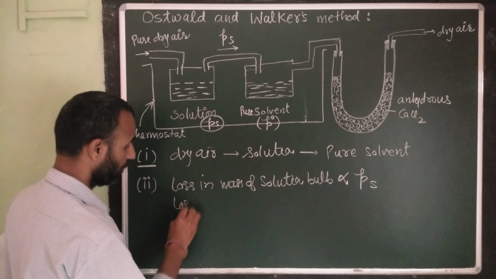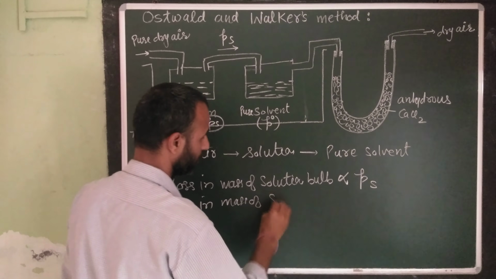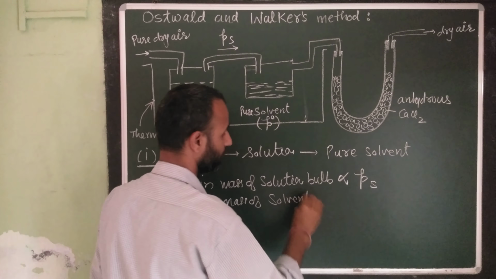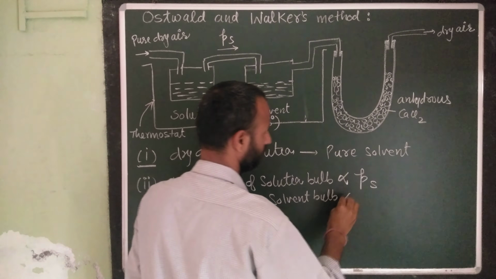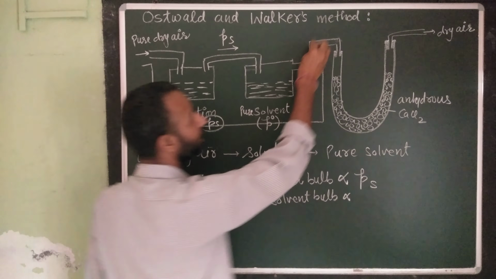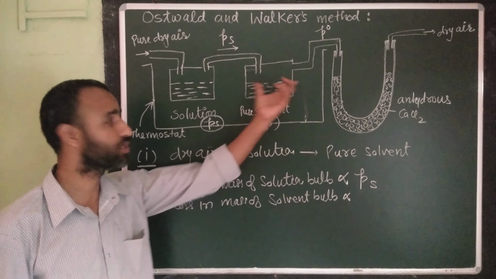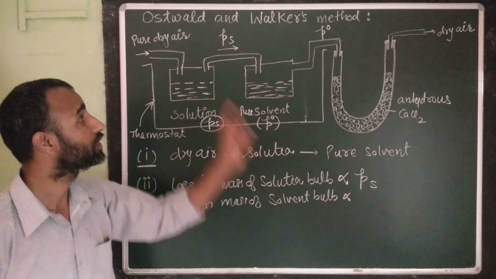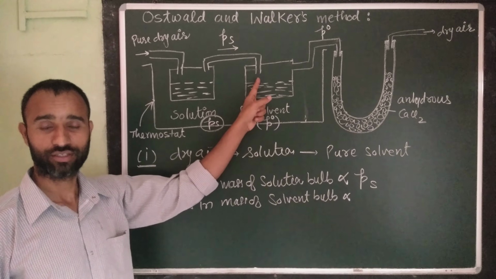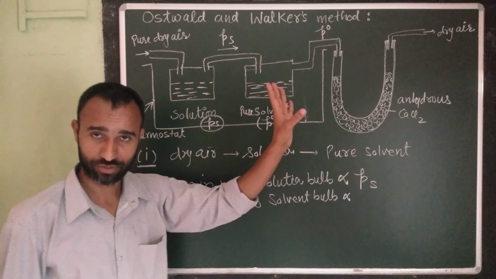Now loss in mass of solvent bulb, tell me, when it goes from here, it becomes P naught. Now it is saturated with the vapors, but see, PS is already there. So how much vapor pressure is gained?